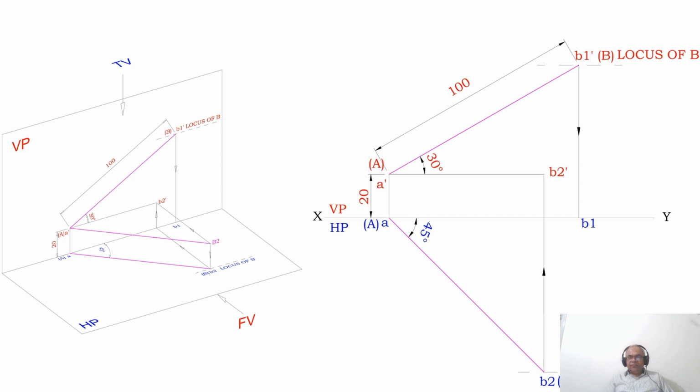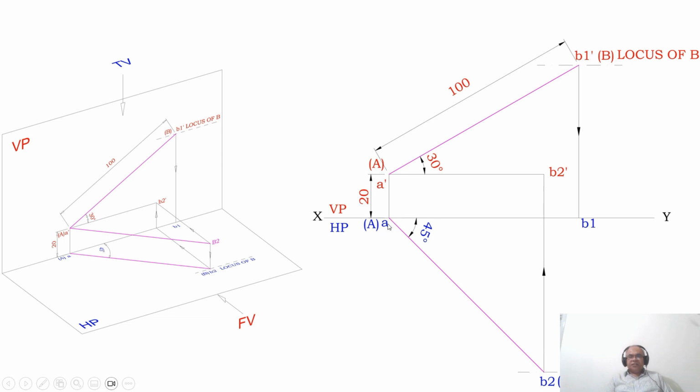That means if the top view line is parallel to XY, its corresponding front view is going to be the true length. So here A dash is there, B1 dash is there and A is there in the problem. But we don't have the B1 top view point. How to get the top view point of B1 dash? A is on VP, so B1 should also be in VP, then only that line will be parallel to XY.